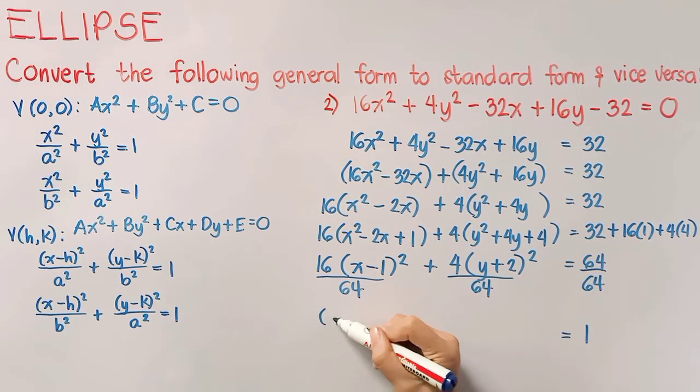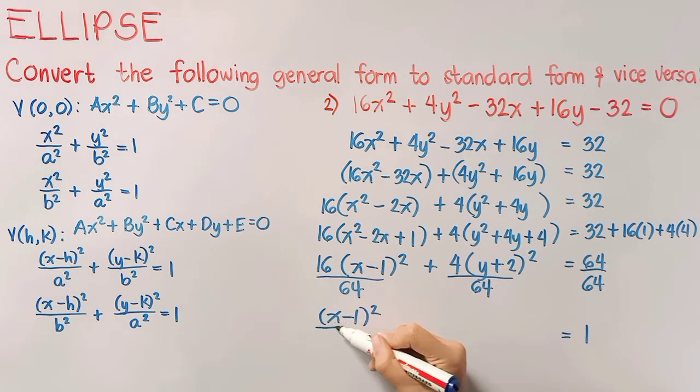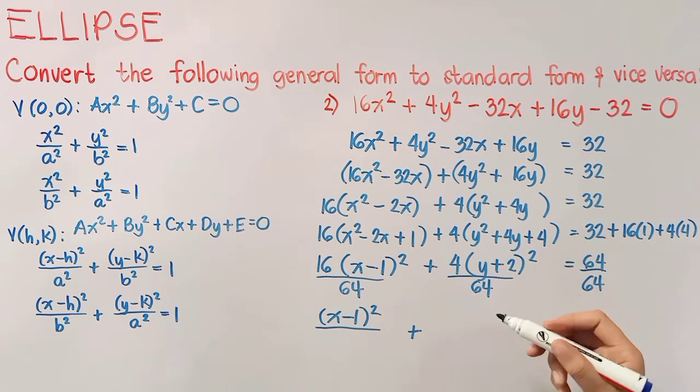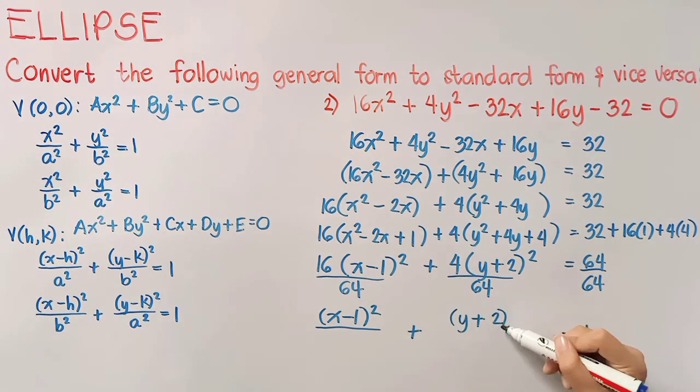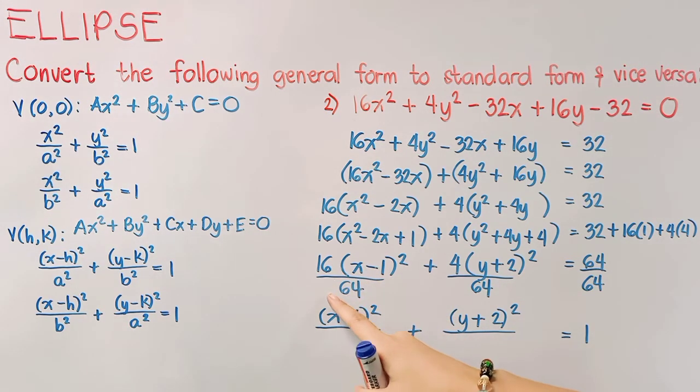Going back to our expected answer, we should only have the squared binomials as our numerator. Now, in order to remove the leading constants in our squared binomial, we have to divide it by itself. We have 16 here, therefore, 64 divided by 16 is 4.